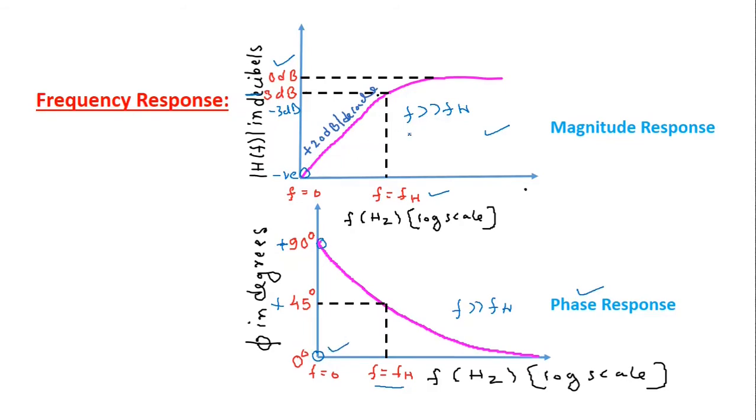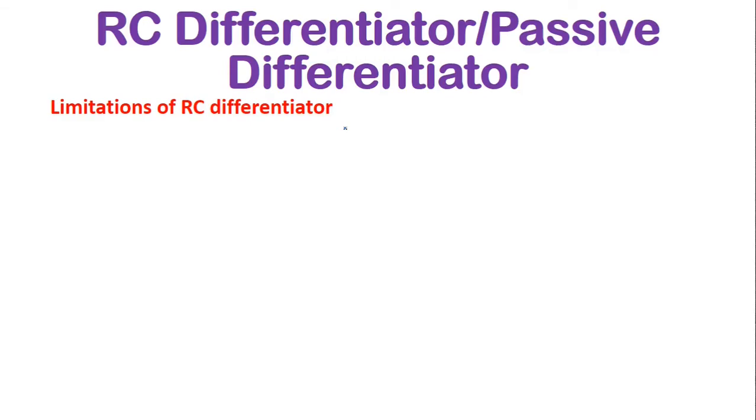And here we can see that the slope of this line in the magnitude response is plus 20 dB per decade, whereas in the RC integrator circuit we have seen the slope of this line is minus 20 dB per decade.